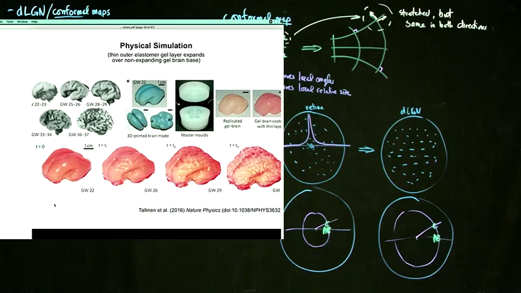And then the cortex is a layer on top of that which expands relative to the armature. As it expands, it will get thrown up into folds because it's stuck to this hard white matter that's not expanding. And so that's where most of the folds in the cortex come from.